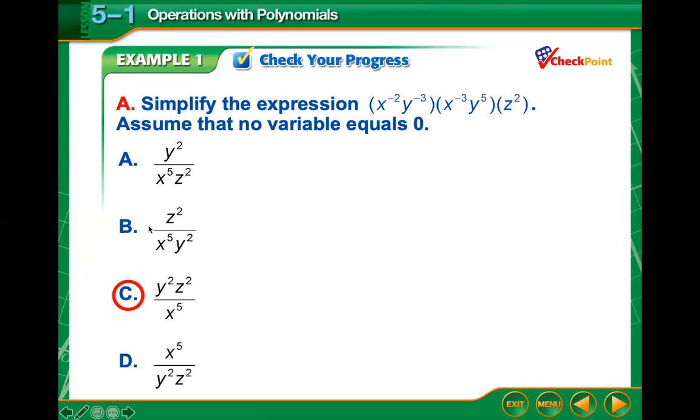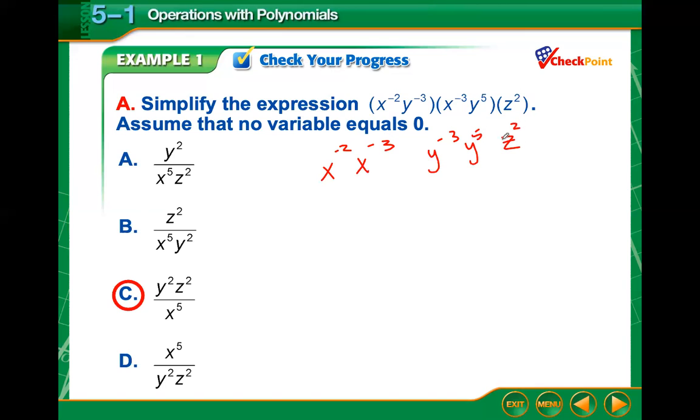And you're going to get C because, let me go ahead and get the pen out. I have x to the negative 2, x to the negative 3, y to the negative 3, y to the 5th, and z squared.